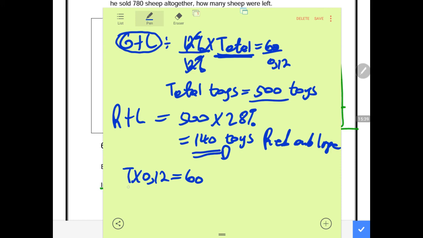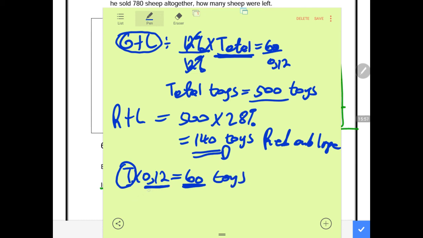That means we said total toys times by the percentage of those that are green and large, that gave us 60. So what are we looking for is the total toys that was multiplied by 12% in order to get to the number of toys that are green and large.